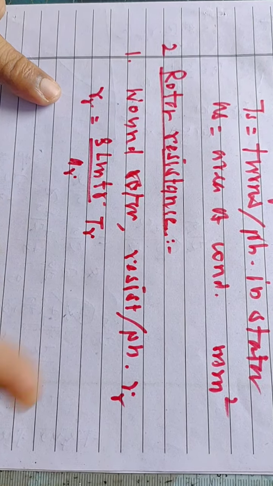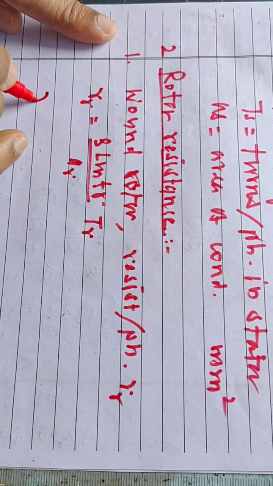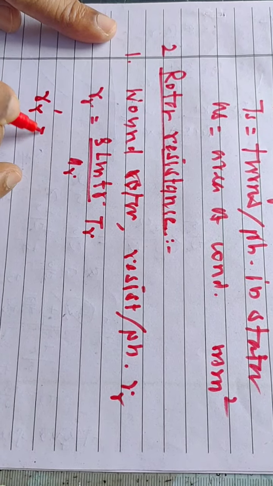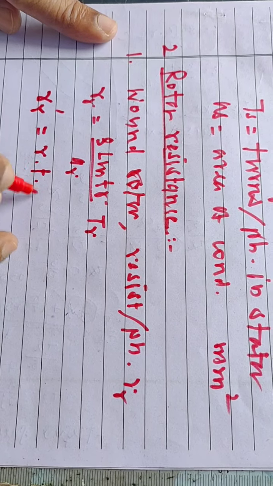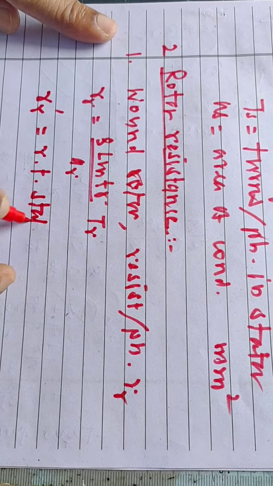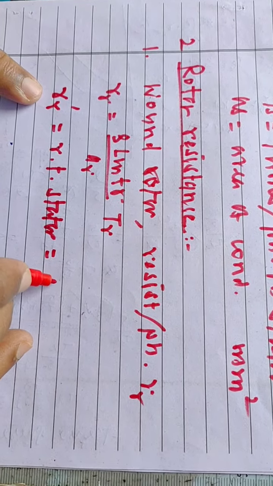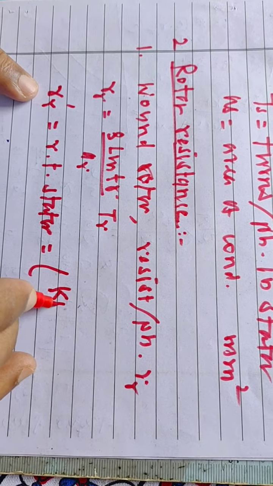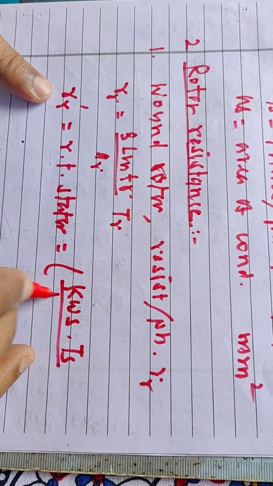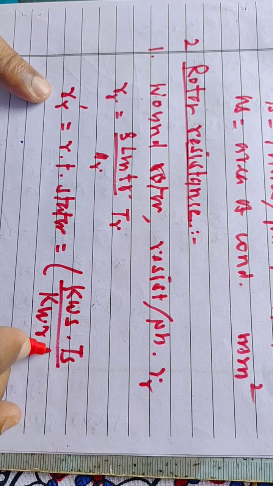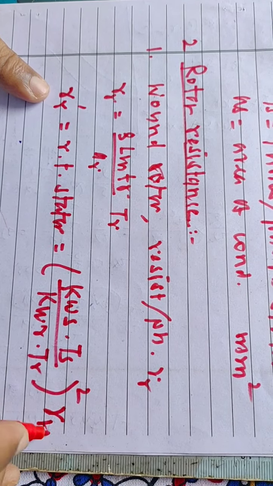Now this resistance we have to refer to the stator side. So this is RR dash, resistance referred to stator. RR dash is equal to KWS into TS upon KWR into TR, whole square, into RR.